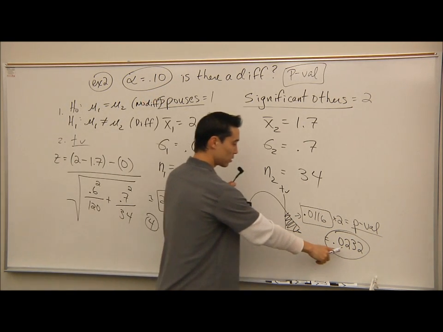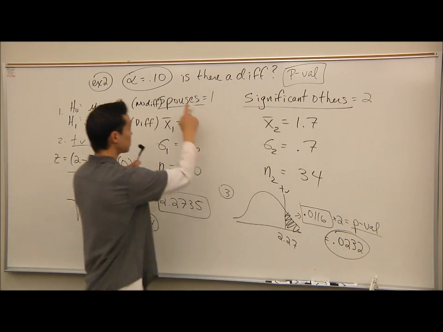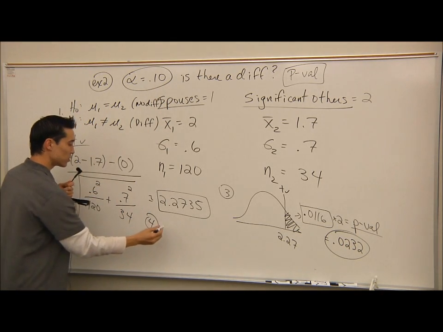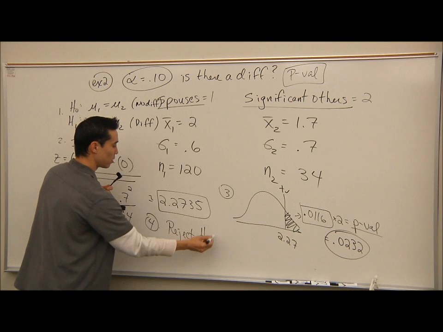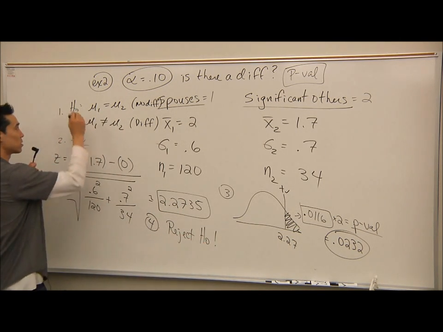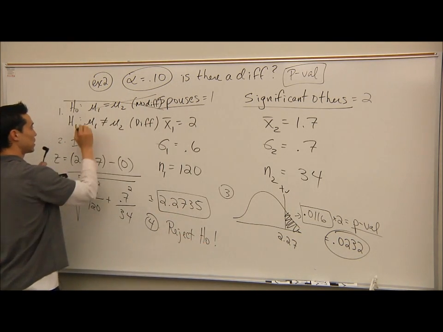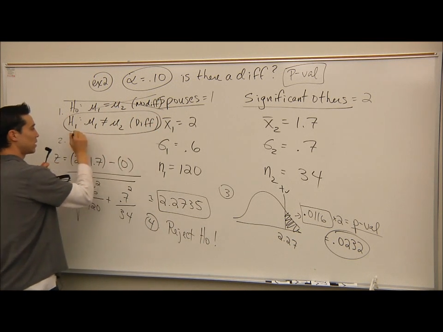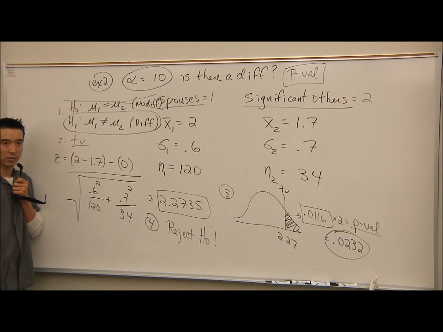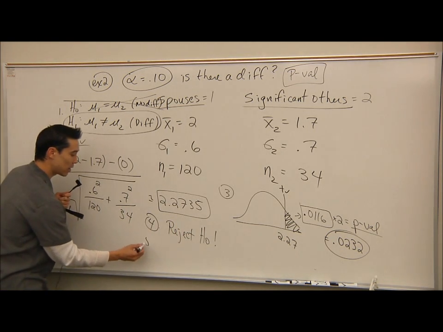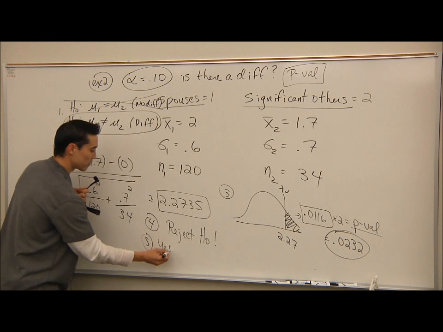This is definitely smaller, right? 0.02 is smaller than 0.10. So we reject H0. So I'm rejecting this, and I'm circling this. And I'm glad I labeled this earlier because this is saying there is a difference in the average score of coping skills. So yes, there is a difference.